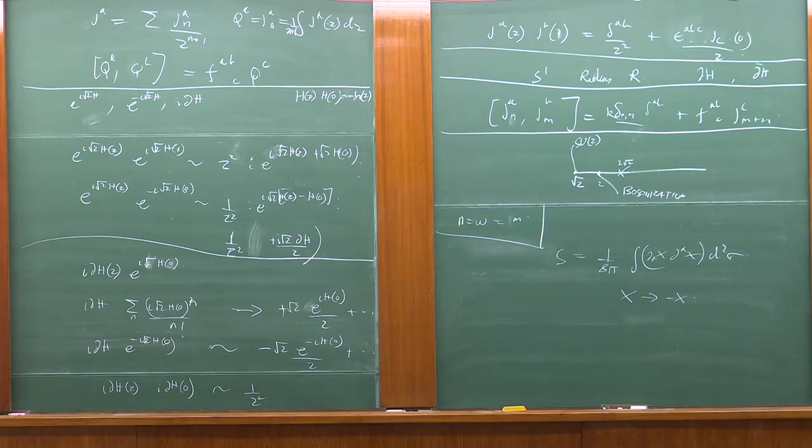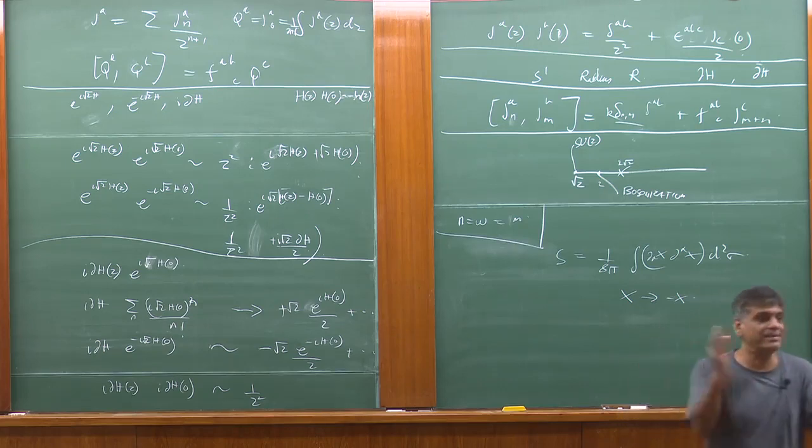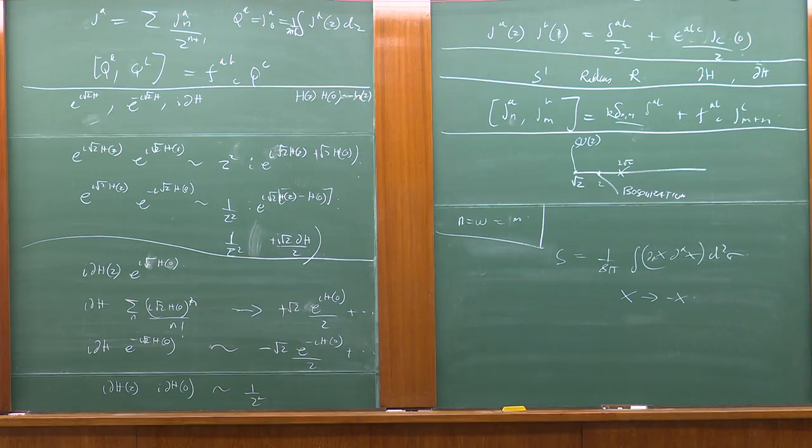That is our game. That is part of gauging, but a very simple part of gauging. It doesn't require the introduction of gauge fields. So we're going to take the symmetry, x goes to minus x, and promote it to a redundancy, so that configurations related by the symmetry are identified as the same physical configuration.